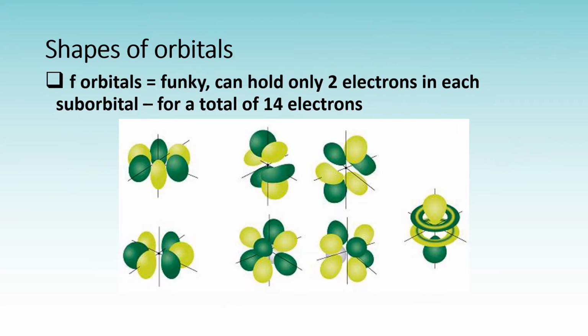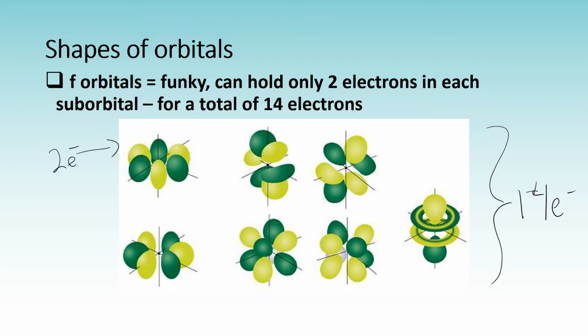Now, our very last shape of our orbitals is called the f orbital. I call it the funky orbital because it has all kinds of crazy shapes to it. And again, these all hold 2 electrons. So there are 7 shapes here, which means it has 7 suborbitals and would hold 14 electrons total.